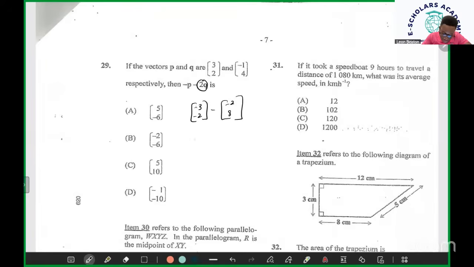Then we work out now. We have negative 3 minus a negative 2, then we have a negative 2 minus 8. Negative 3 minus negative 2 will turn to plus, so negative 3 plus 2 will give us a negative 1. Negative 2 minus 8 will give us a negative 10. So this here is D.